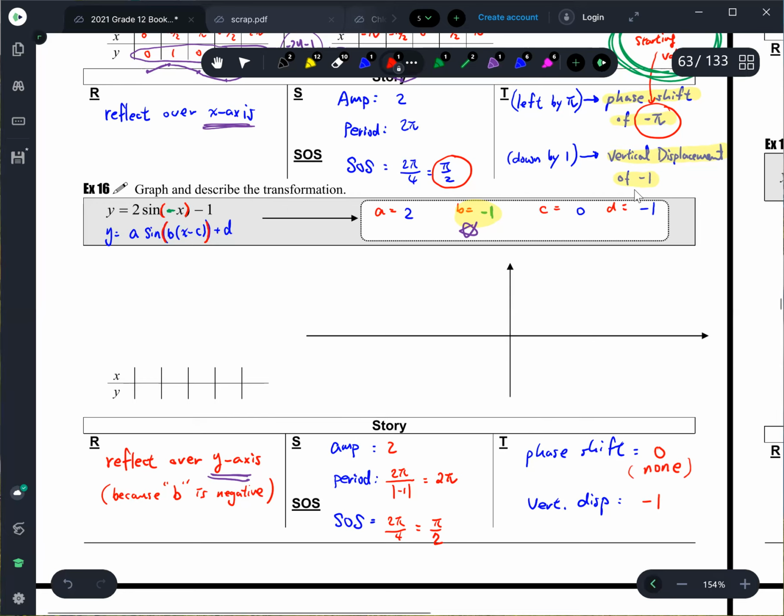Okay, Chris. Okay, please raise your hand if you've got the table values. Okay, Marcus, how do we find the x values?